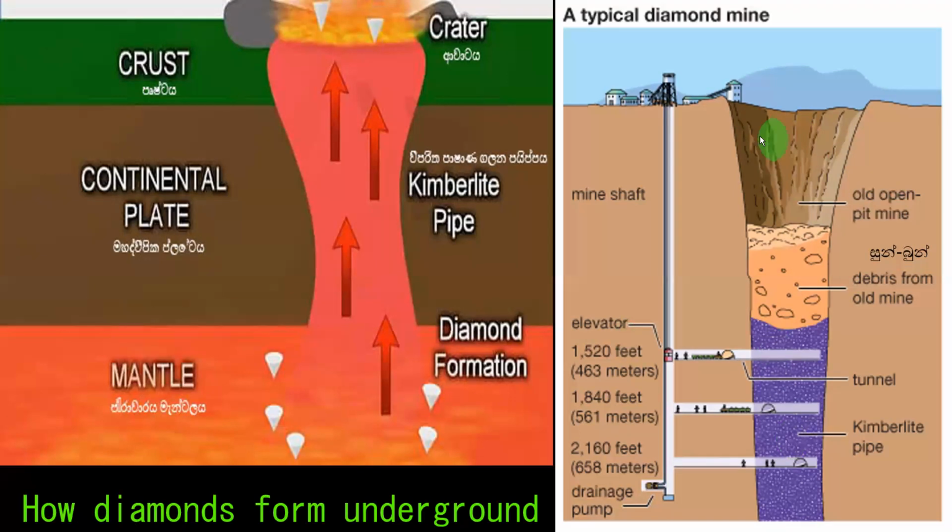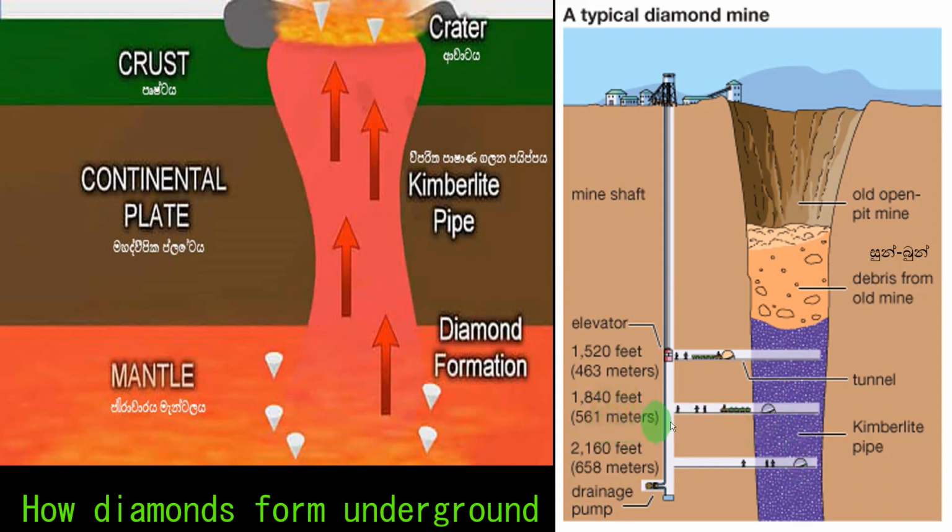Old open pit. This is the part of the open pit. All the diamonds here, people have collected, but in this area, no. Then this area is debris from the old mine. Below that, there are a lot of diamonds here.